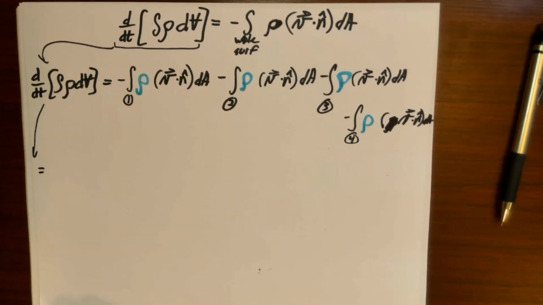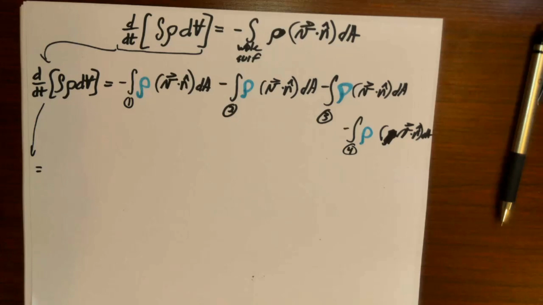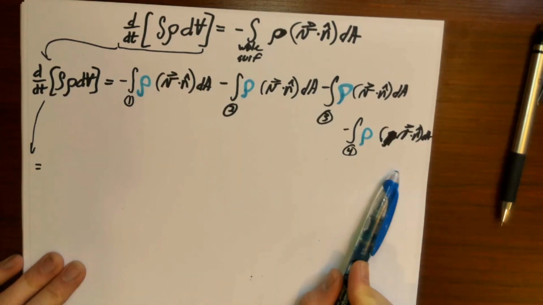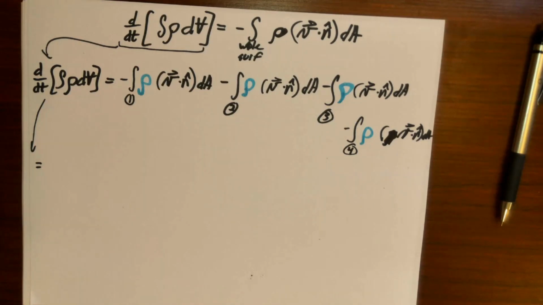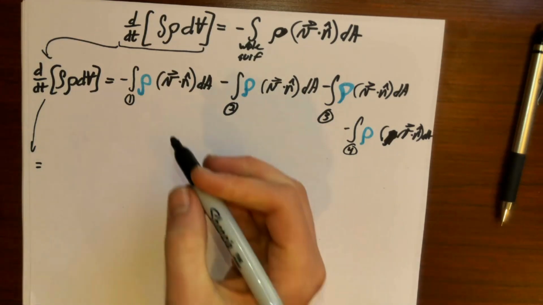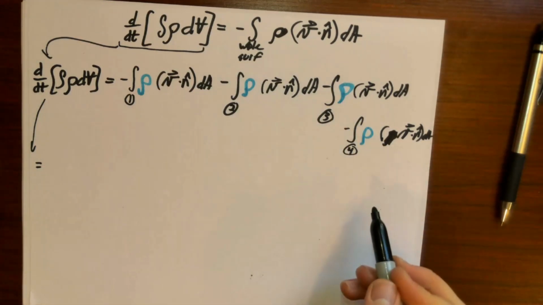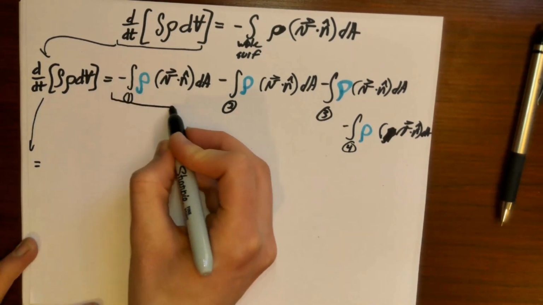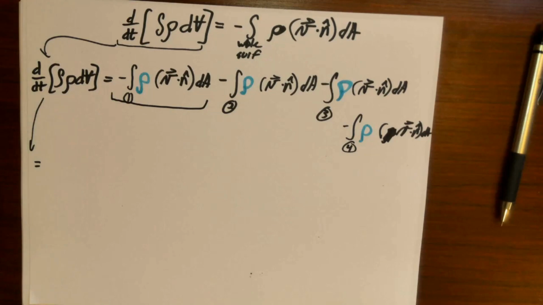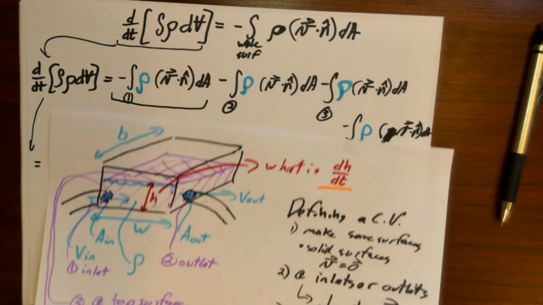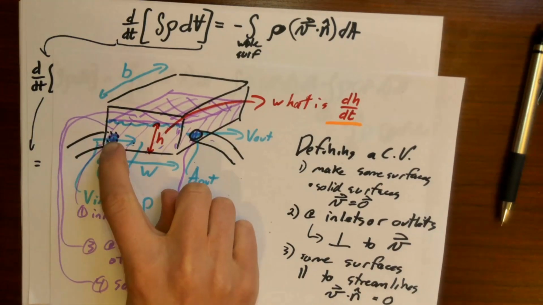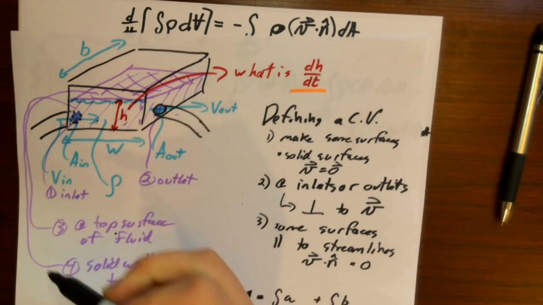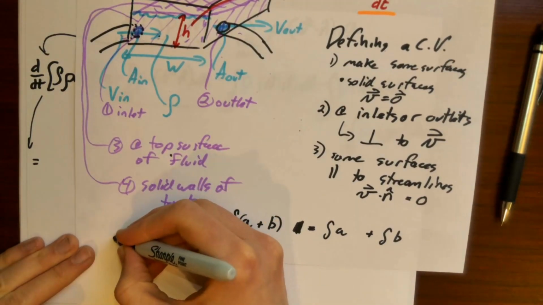So let's start thinking about what some of these dot products are, and kind of squaring them away. So let's look at surface 1 first. So I'm going to go back to surface 1, and let's zoom in a little bit on surface 1.